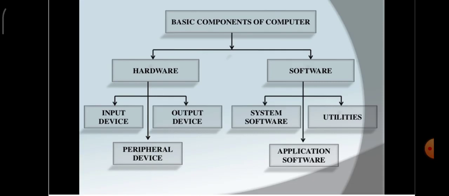The hardware is subdivided into 3. What are they? Input device, output device, and peripheral device. The software is subdivided into 3. What are they? System software, application software, and utilities. You will learn each and every device in the next slides.